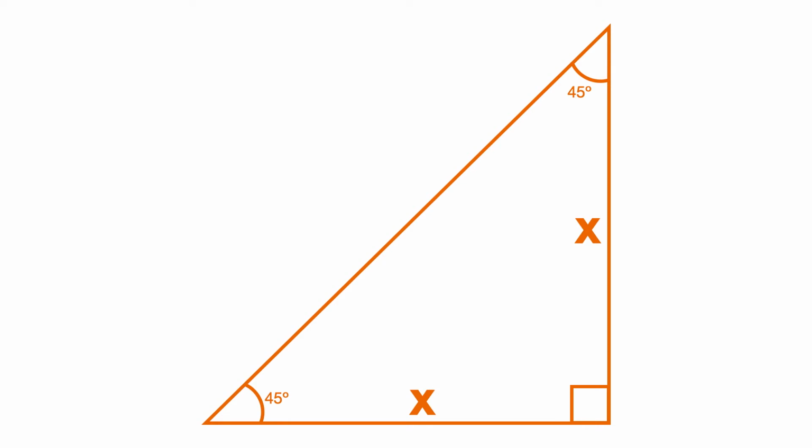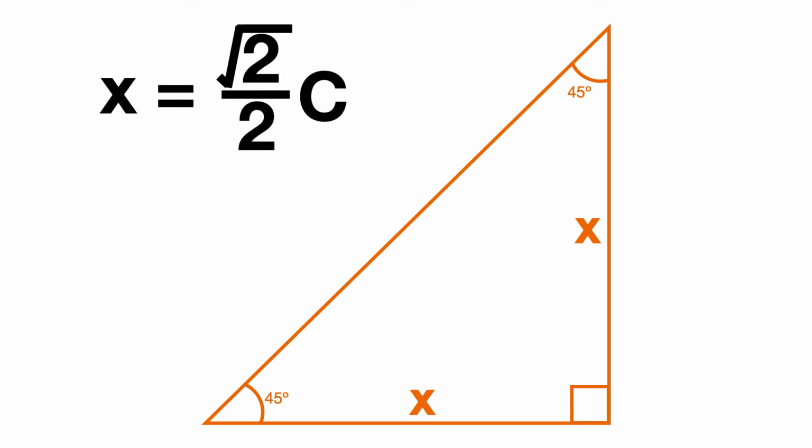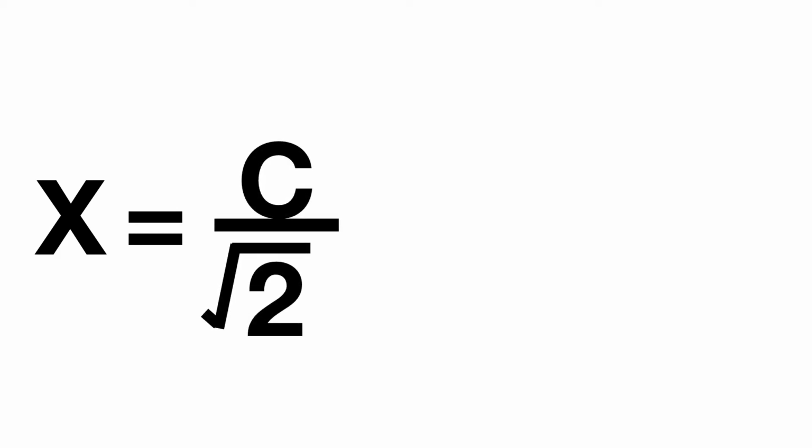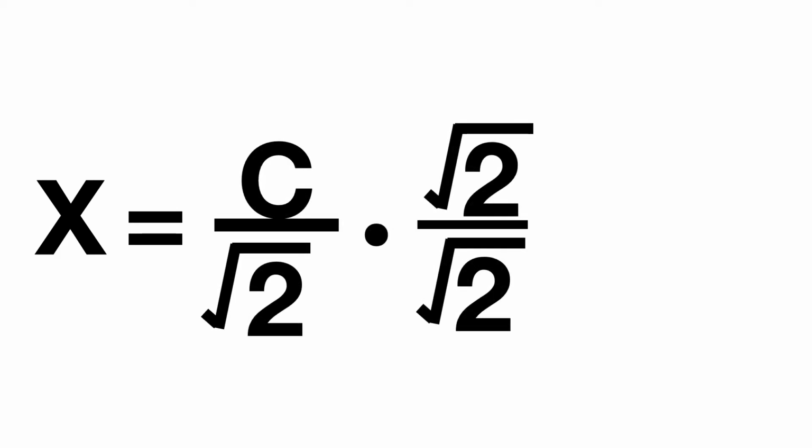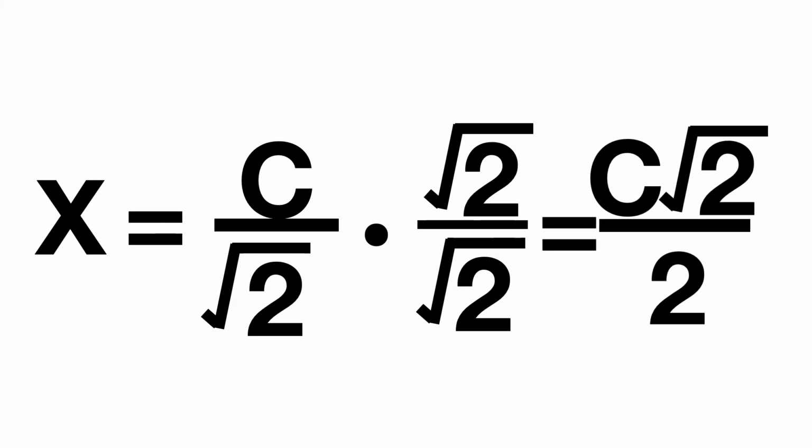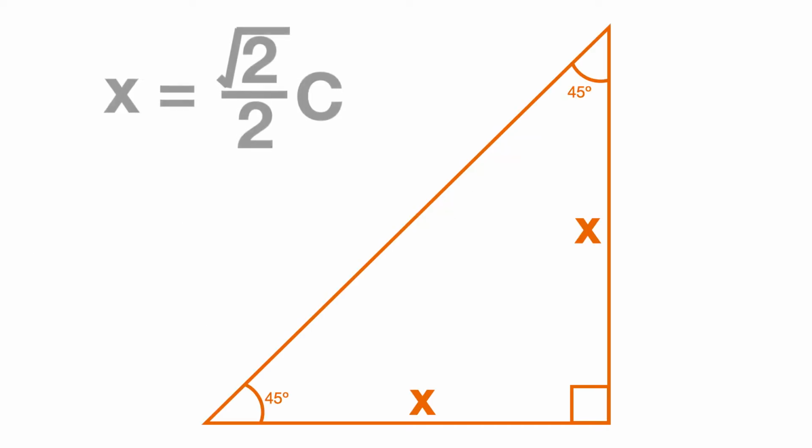So now we know for a 45, 45, 90 triangle, one of the legs, the x side, will always be square root of 2 over 2 c, right? So if we go back and speed forward through this, you can see that if we just move the c part down to the side, we just get this.